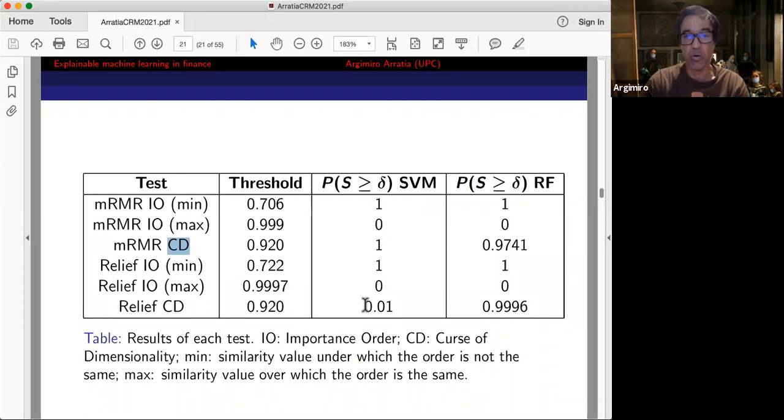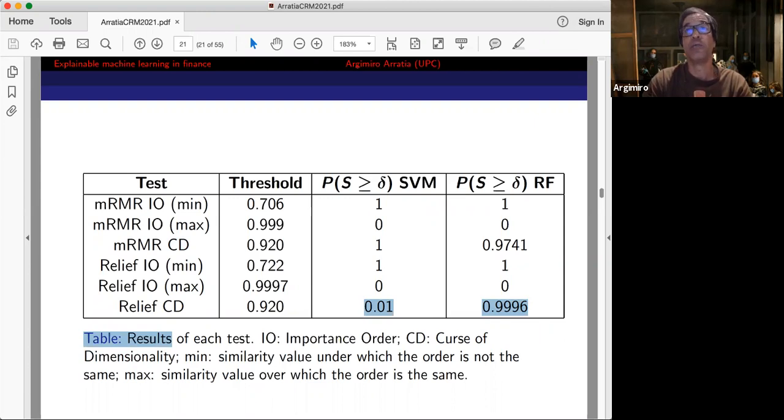So the random forest is a bit more consistent with my way of setting up the similarity threshold.